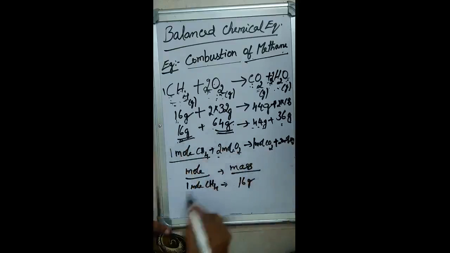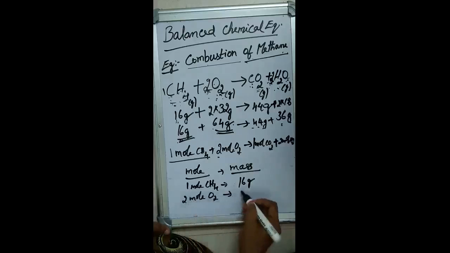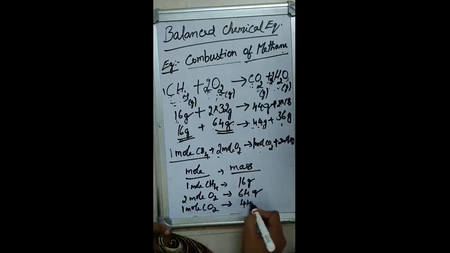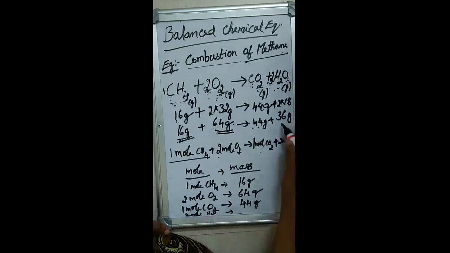Okay, so next 2 mole of oxygen means how many gram is present? 64 gram is present. Now 1 mole of carbon dioxide means 44 gram is present. So 2 mole of water means how many? It is 36 gram is present.